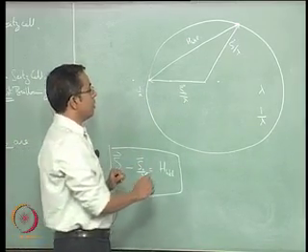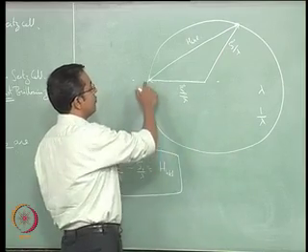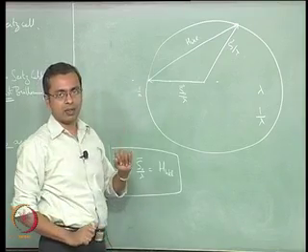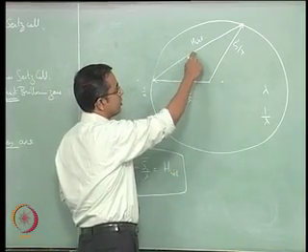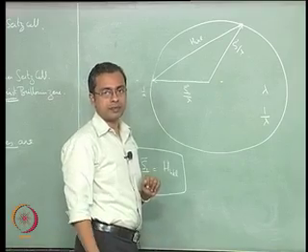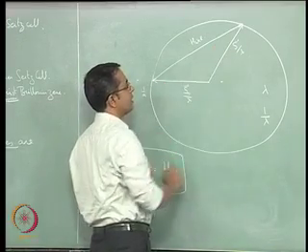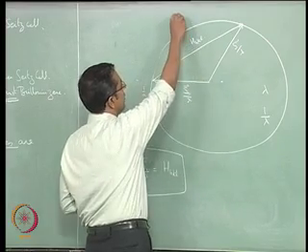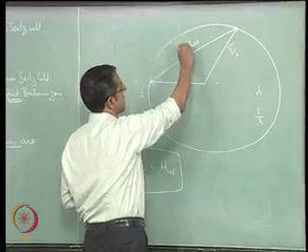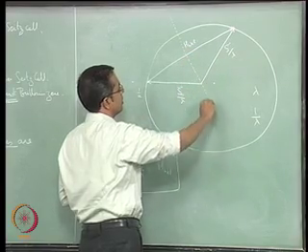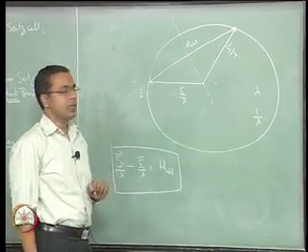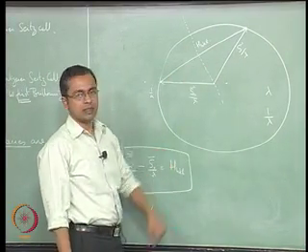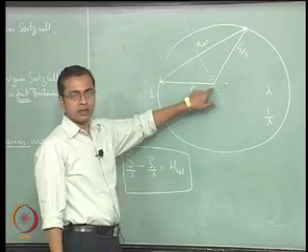Therefore, if it is a circle, by definition if you draw a line that intersects the circle at 2 points, the perpendicular bisector to that line will pass through the origin. So any line that I can draw like this, if I take the perpendicular bisector of that line, it will pass through the origin. So we will just draw the perpendicular bisector like this. If you draw the perpendicular bisector of any line that connects any 2 points on this circle, it will pass through the origin.